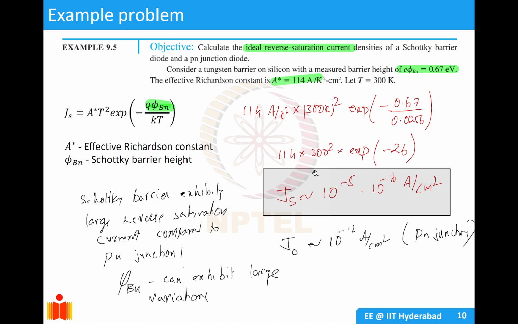When you solve this, it comes around 10 power minus 5 to 10 power minus 6 ampere per centimeter square. And we know the reverse saturation current for a PN junction is nearly 10 power minus 12 ampere per centimeter square. So you see for a Schottky barrier the reverse saturation current is much higher compared to a PN junction.